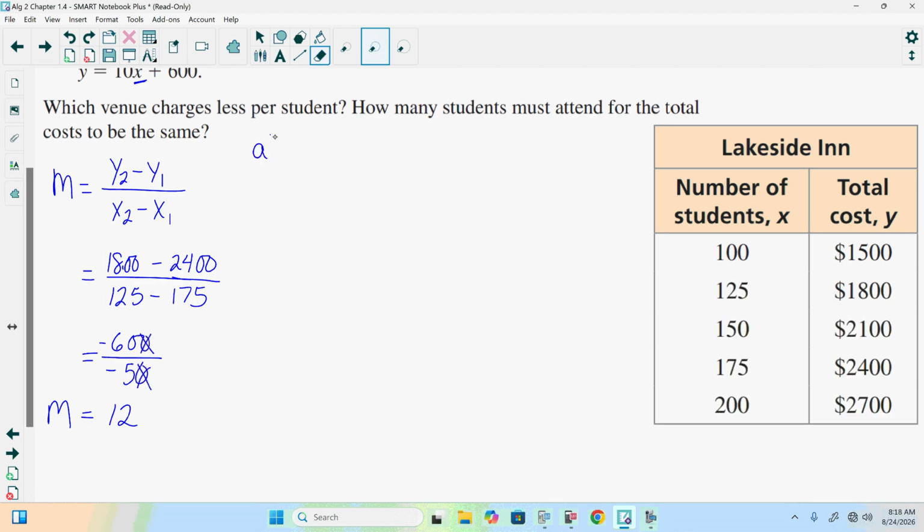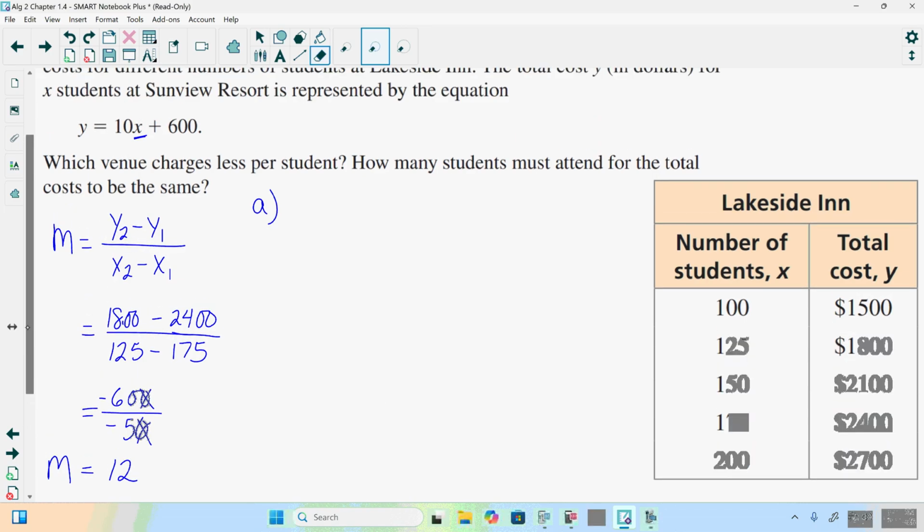Now, realistically, we could already answer the first part, because it asks which venue charges less per student. In terms of equations of lines, which line has the smaller slope? Because Sunview slope is what? 10.